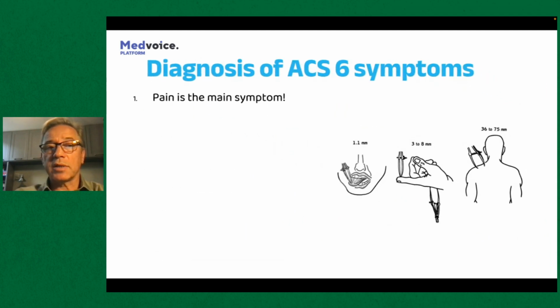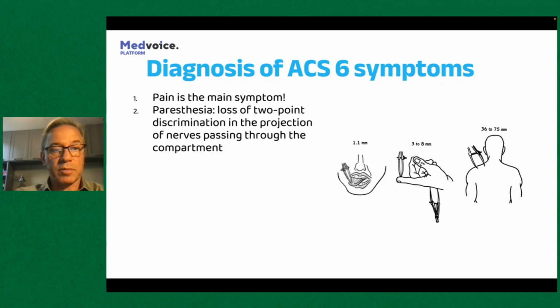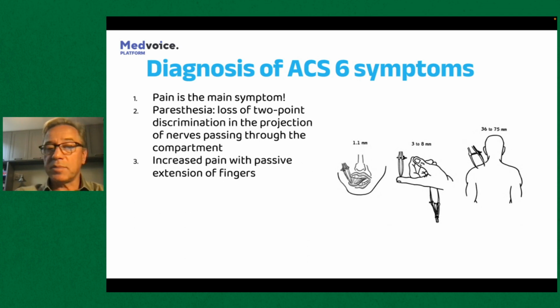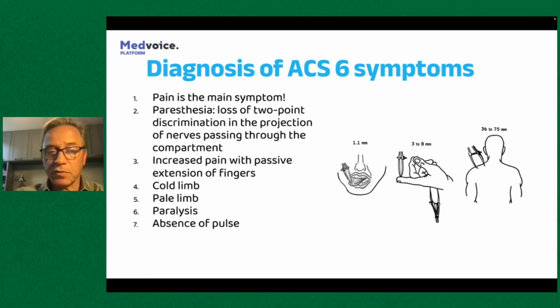How do we diagnose this? Pain is the main symptom, which is why some surgeons say they don't want us to block tibial fractures, for example. Paresthesia, loss of two-point discrimination in the projection of the nerves. Increased pain with passive extension of fingers or toes. Cold limb, pale limb, paralysis, absence of pulse.